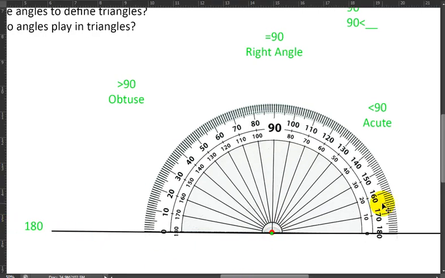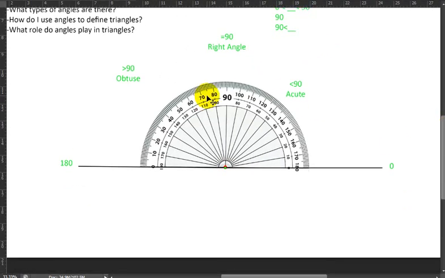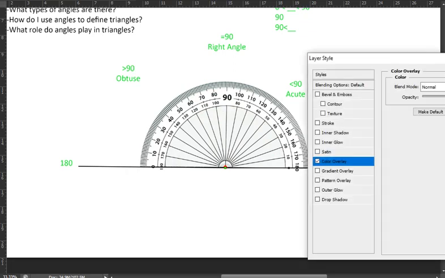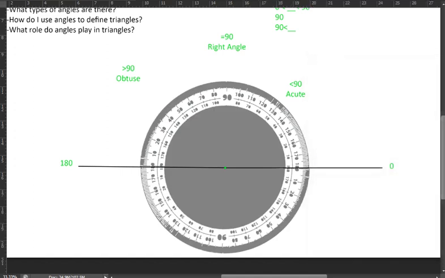And if you pay close attention, you will see that the protractor looks like half of a circle. If I want to, I could put two protractors together and make a whole circle. What would I get if I started from this point and went all the way around and back to the point that I started?